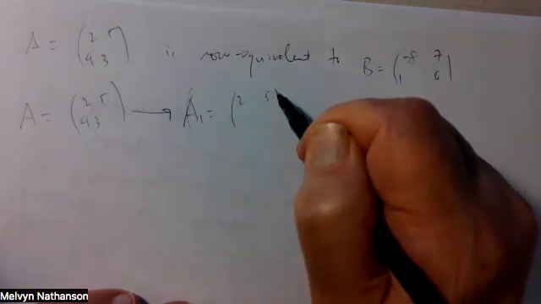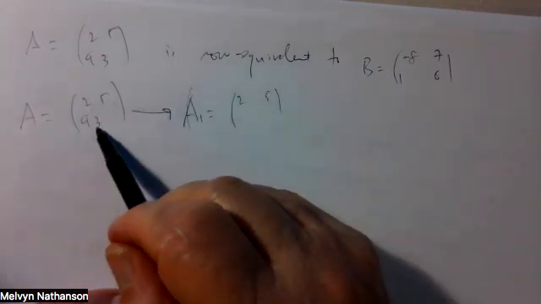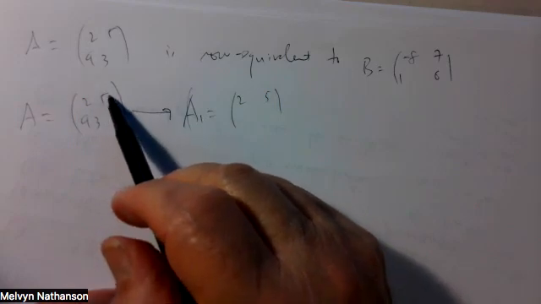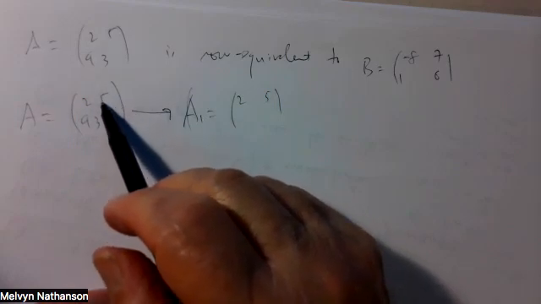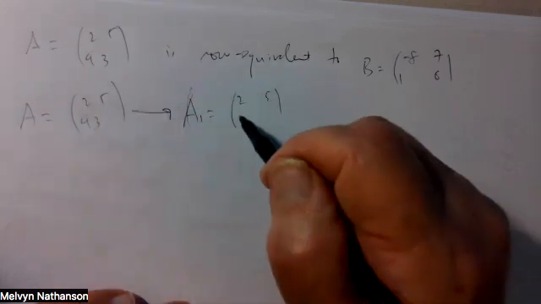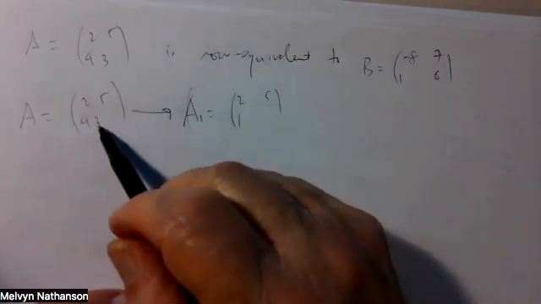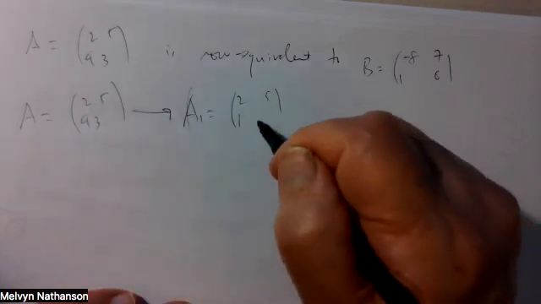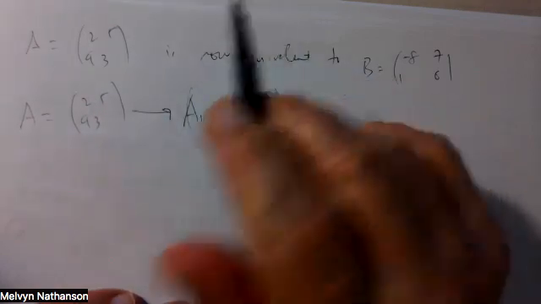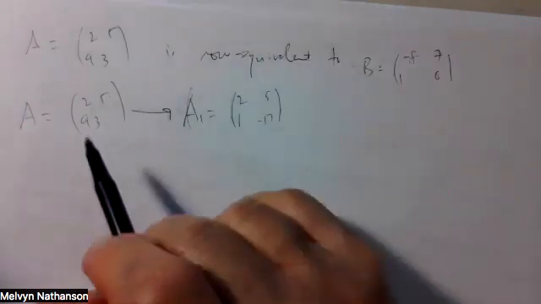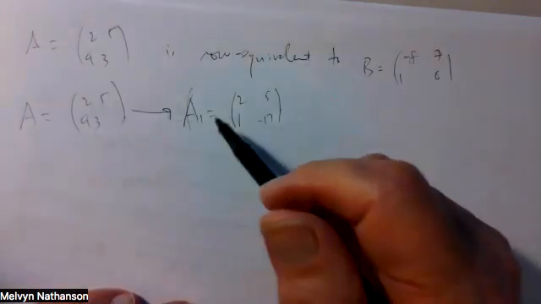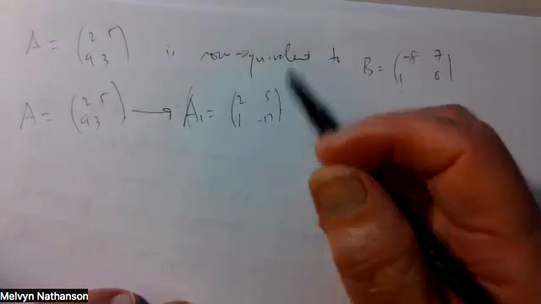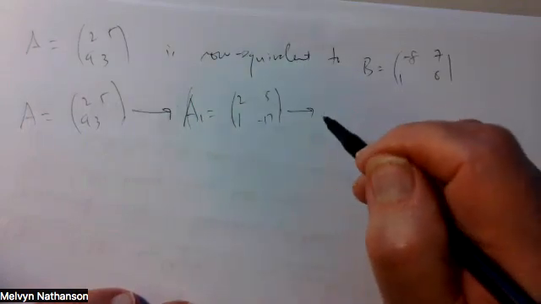The first row doesn't change, but I'm taking the second row minus 4 times the first row. So 9 minus 8 is 1. 3 minus 20 is minus 17. So you don't have to ask, why am I doing this particular operation? This is simply some elementary row operation. I'm allowed to do it if I feel like it.